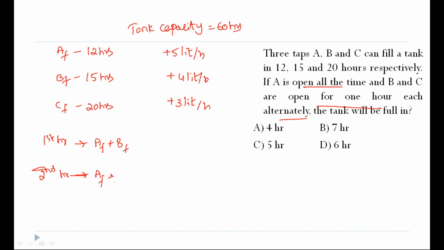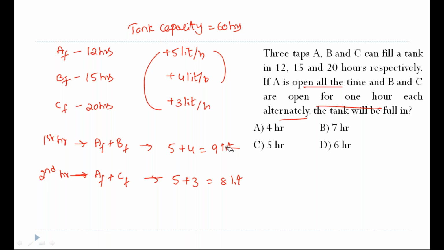A is open for all the time, but B and C is opening in alternate hours. Now first 1 hour, if A and B is combined, 5 plus 4, 9 liters will be filled. Whereas second hour A and C, 5 plus 3, 8 liters is filled.